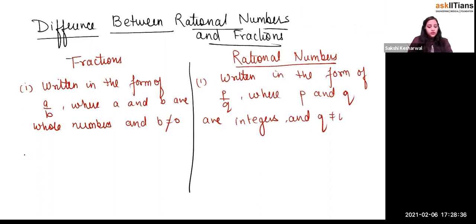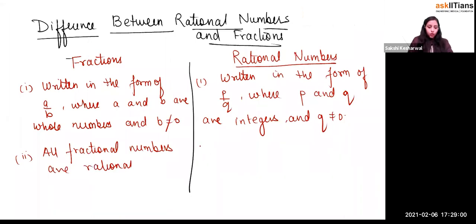Second, can I say now that all fractionals are what, beta? Rational numbers or not? That is, all fractional numbers are rational, yes or no? Yes. And can I say that all rational numbers are fractional? Yes or no?